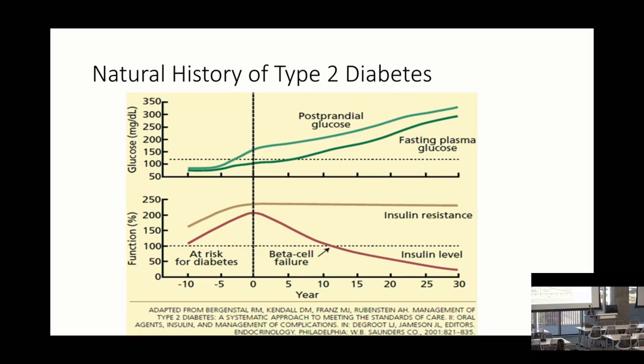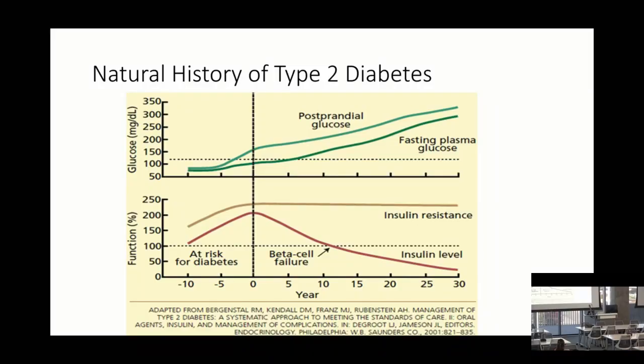But at the time of 0, the point of diagnosis, okay? So this is 10 years before diagnosis. So this is to highlight the fact that before you actually diagnose somebody with diabetes, there is already pathology going on for 5 to 10 years before that diagnosis, okay?